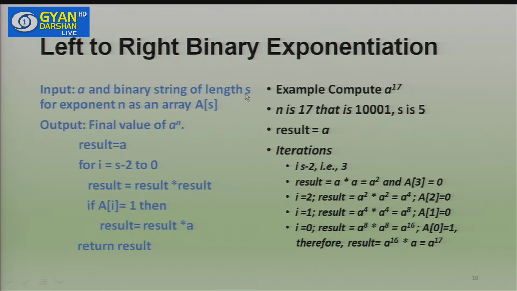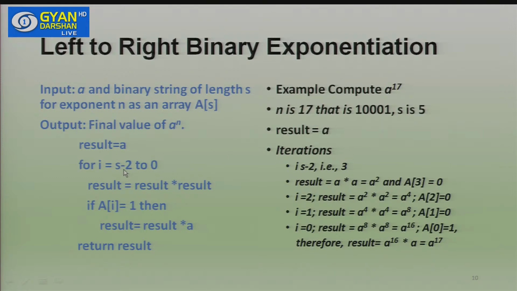So the binary string is basically representing the exponent, okay, and we put it in an array AS, right? So output is the final value of A to the power n, and we start with the result as A, and for I from S minus 2, the values, this is what is showing this particular example.